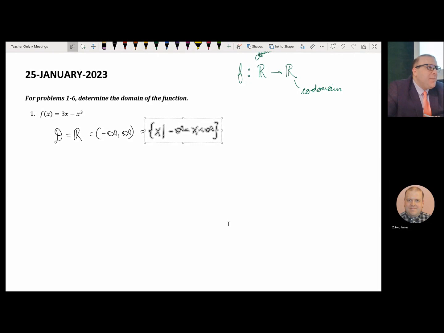Unless the problem specifies, it doesn't matter how you represent the set. You can use either interval or set builder. And this is read: the set of all x such that negative infinity is less than x less than infinity.